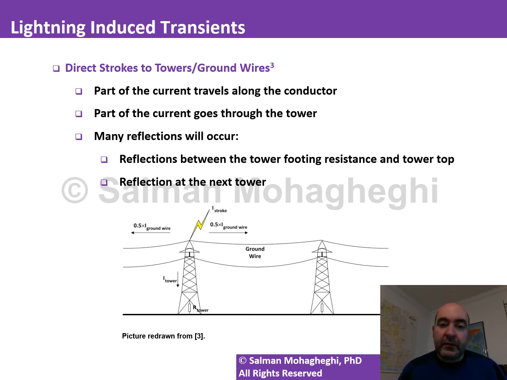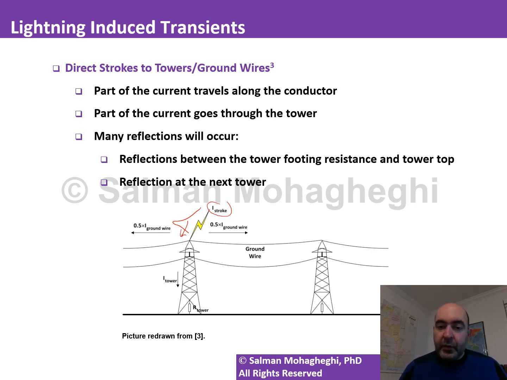So let's talk about the first one. When the lightning directly strikes either the tower or the ground wire. When this happens, and imagine this is the lightning, so you have a current in the form of a pulse, let's say something like this, that is moving towards the tower itself.